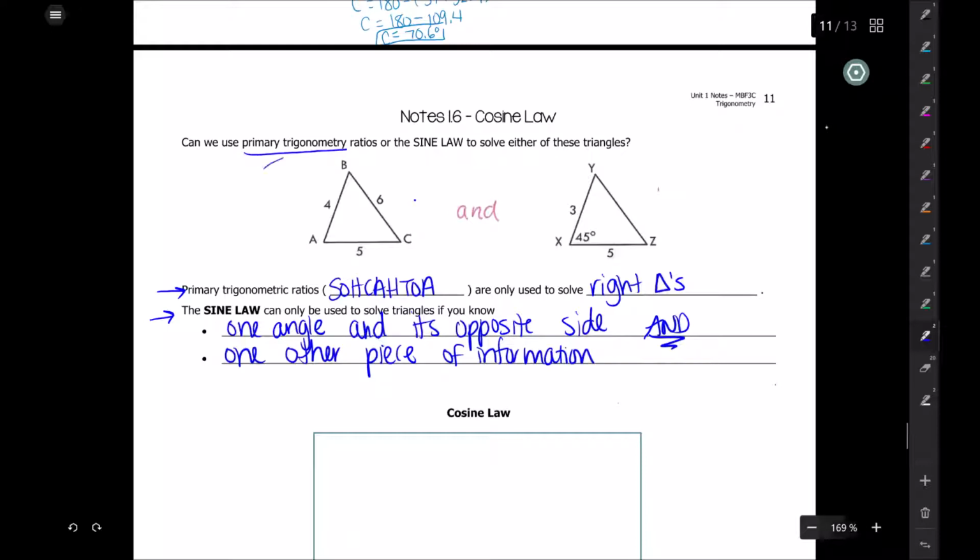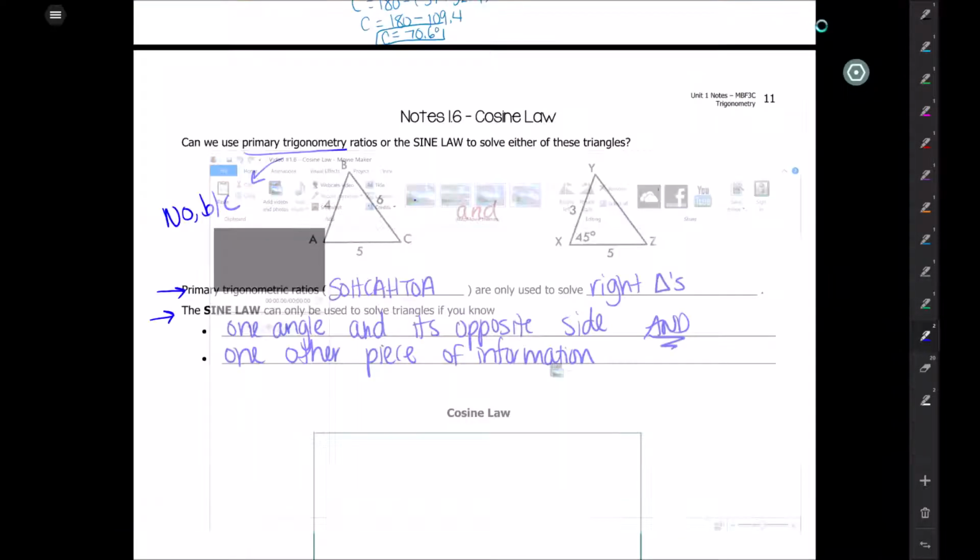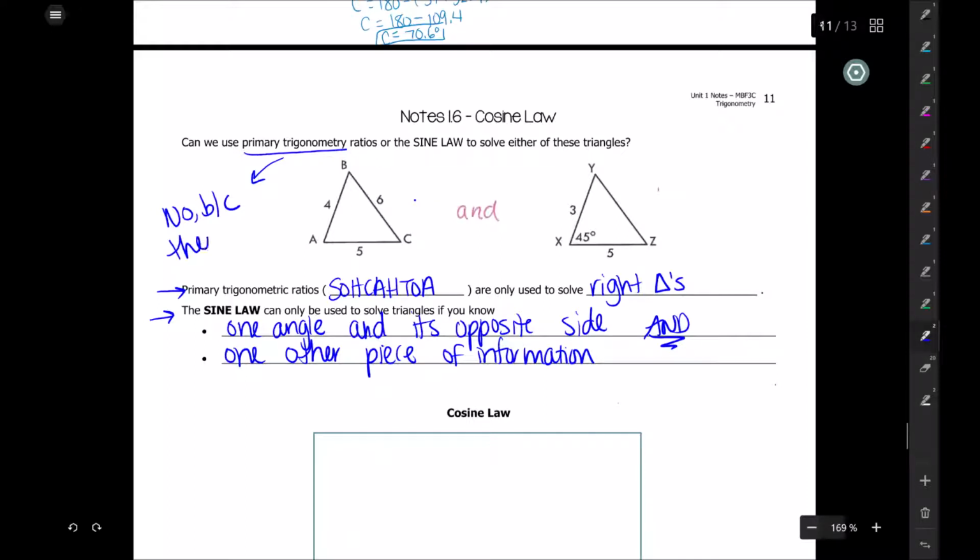Well, for primary trig ratios, they have to be right triangles. So neither of these are right triangles, so no, we can't use primary trig ratios because they're not right triangles. Okay, and then over here for the sine law, remember you need to have one angle and its opposite side.